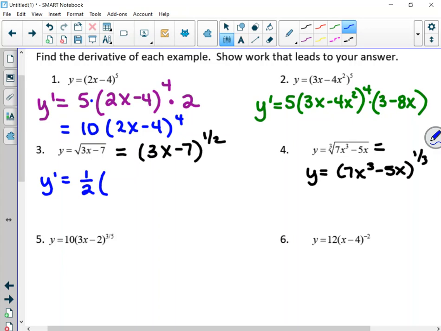We'll bring the 1/2 down to the front. We'll keep the 3x minus 7. We'll put the negative 1/2 exponent on there because that's one less than the original. And then I'll multiply by a 3.